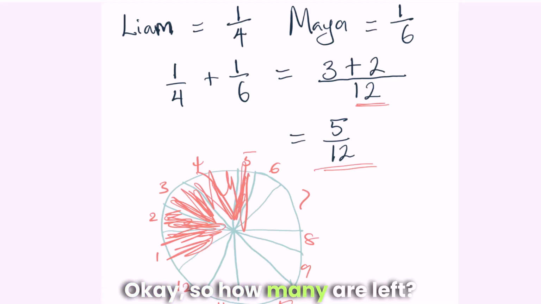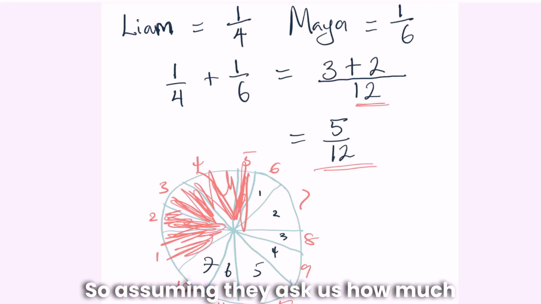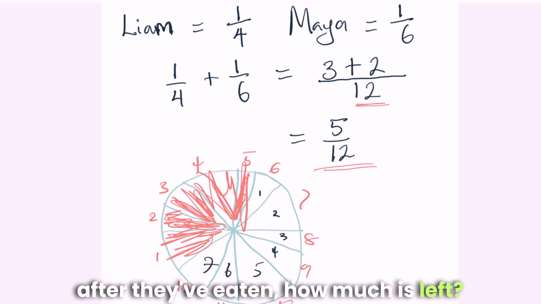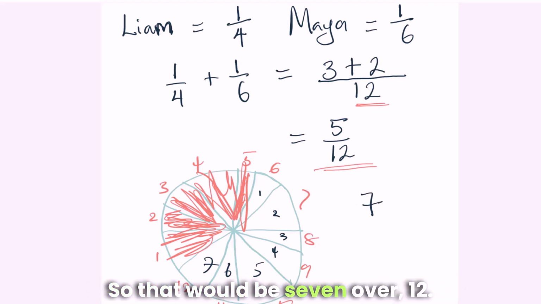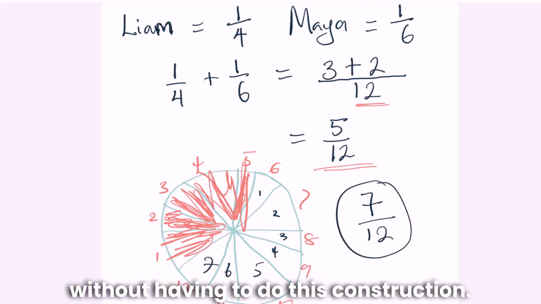Okay, so how many are left? You have 1, 2, 3, 4, 5, 6, 7. So assuming they ask us how much is left after they've eaten, that would be 7/12. You can actually find this number without having to do this construction.